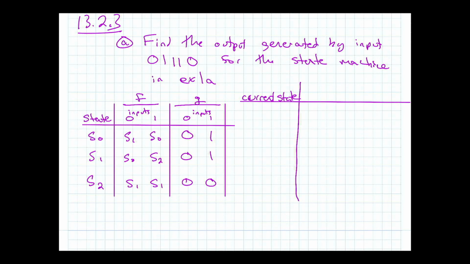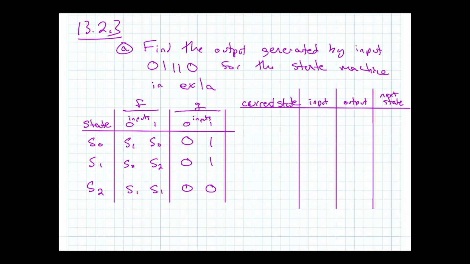And we should be able to trace this. So current state, input, output, and then the next state. All right, so what does this look like?